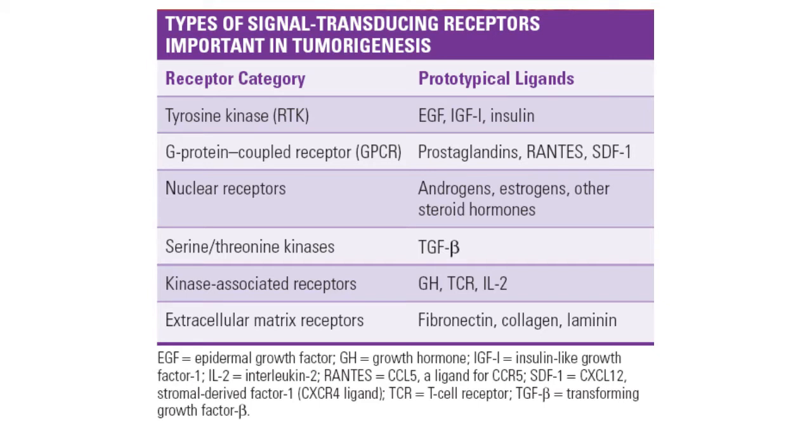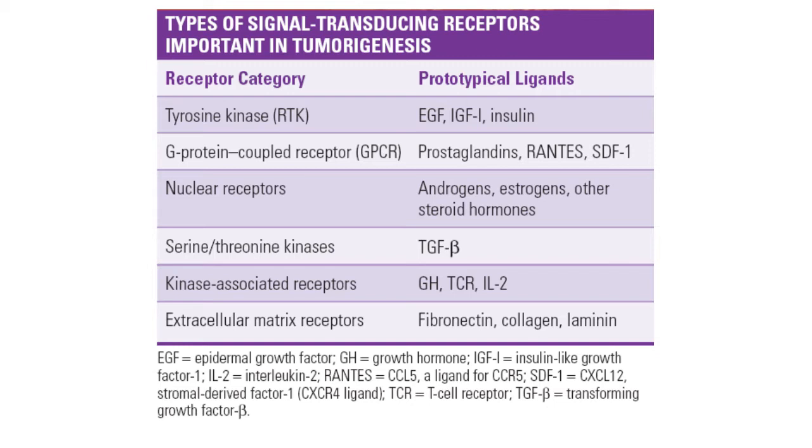This table is showing the types of signal transducing receptors that are important in tumorigenesis along with the prototypical ligands. The receptor tyrosine kinase ligands are epidermal growth factor, insulin-like growth factor 1 and insulin, while G protein coupled receptor ligands are prostaglandins, RANTES and SDF1.